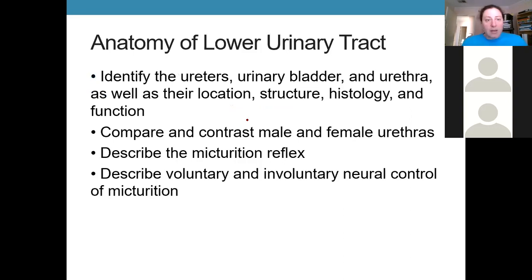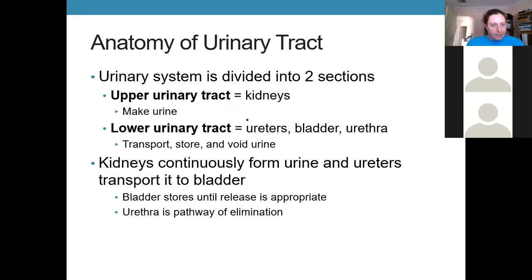All right, so the urine comes out of somewhere. So we're going to trace its path back up and mention how it comes out in the first place. So we divide the urinary system into 2 major sections. The upper urinary tract is the kidneys. They're the ones making the urine. And the lower urinary tract is everything else. So the ureters, which connect the kidneys to the bladder, and then the urethra, which is where the urine comes out.